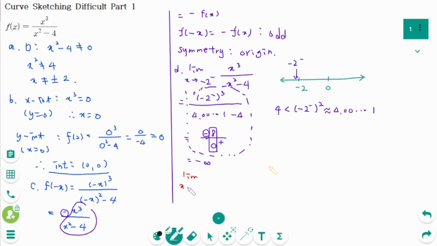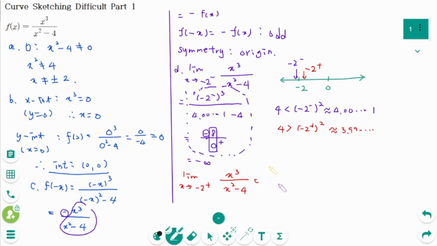Limit as x approaches minus 2 from the right side of x cubed over x squared minus 4. Minus 2 from the right side is here, just a little bit greater than minus 2. Minus 2 from the right side squared is less than 4. Just think of it as 3.99999.